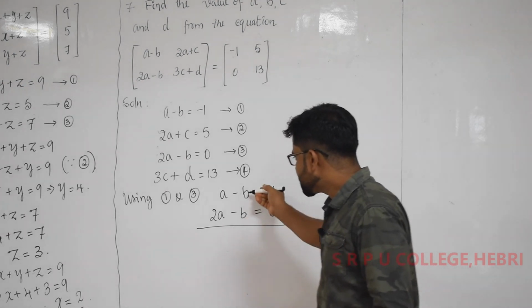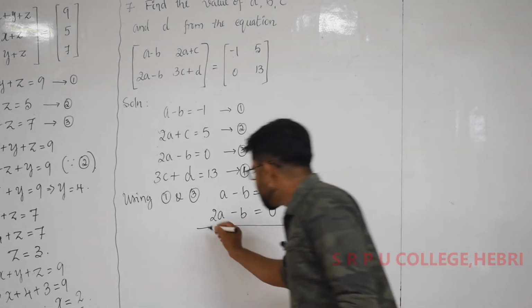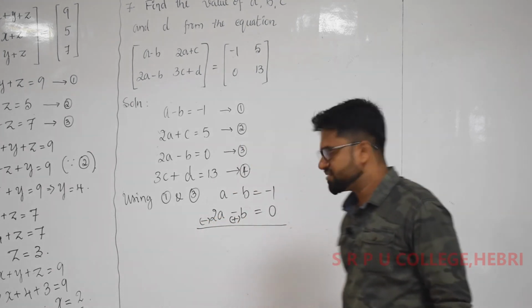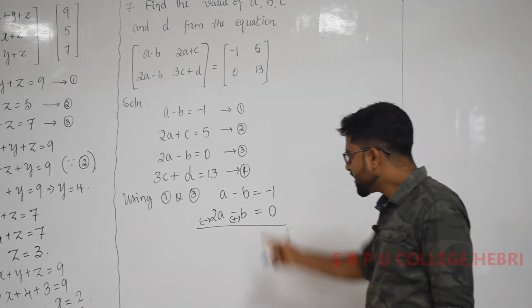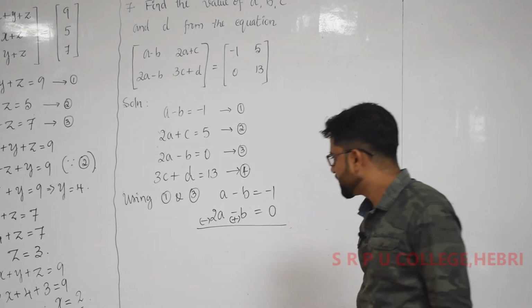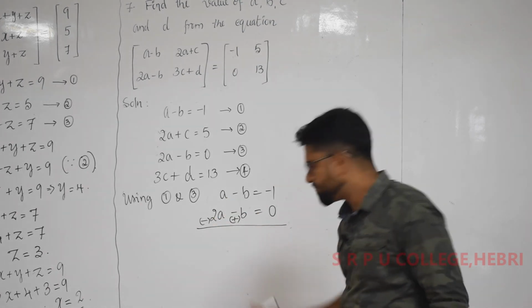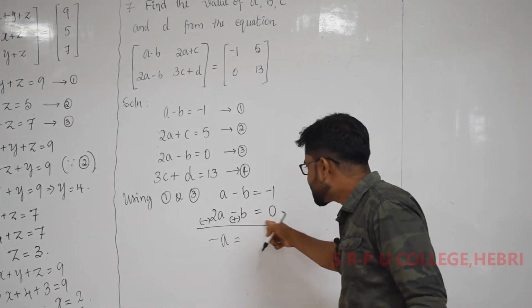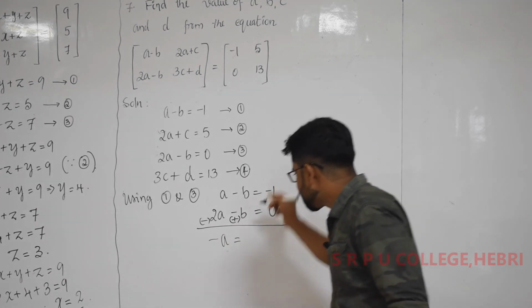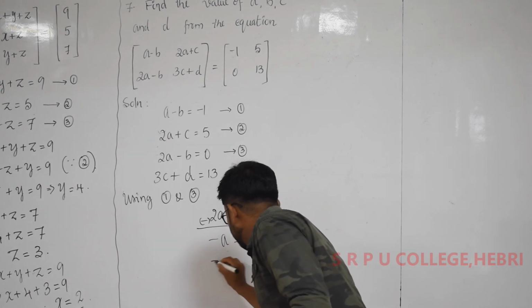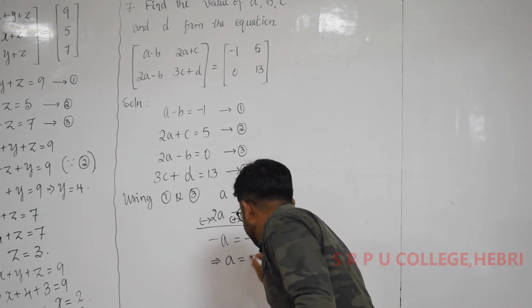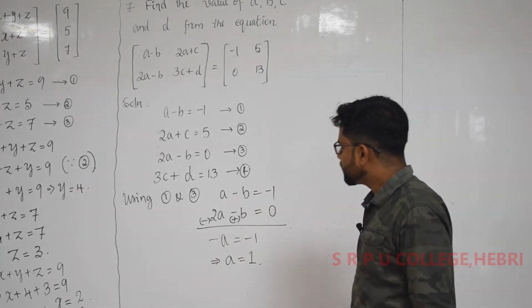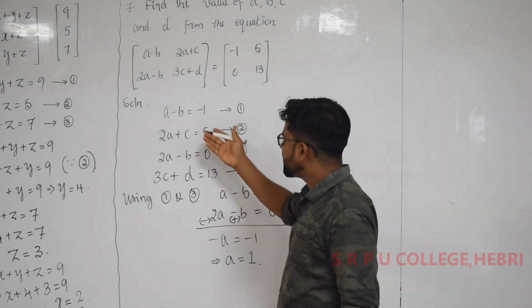If you subtract, this b gets cancelled. When subtracting, the sign will change, minus becomes plus. Minus b plus b, no b. A minus 2a is minus a, which is equal to minus 1, here also the sign changes, minus 0, it is minus 1 only. So minus minus gets cancelled, we will get answer a is equal to 1.